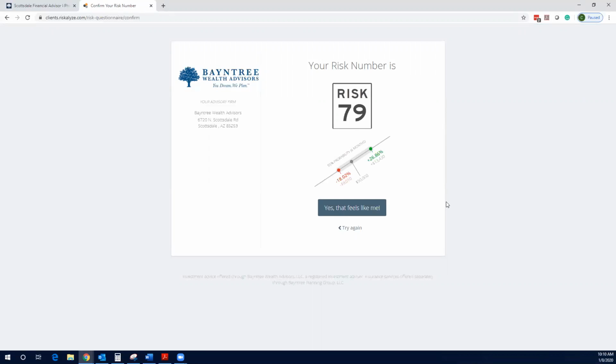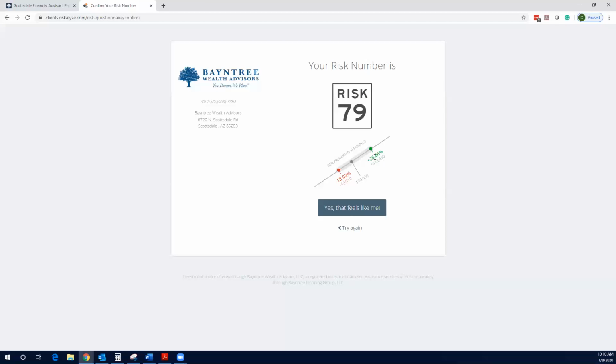So we can say, okay, John Doe, right now your risk number is a 79, and really your comfort zone with your 50,000, if it dropped down to 41,000, you'd still feel comfortable with that. And most of us are going to feel comfortable with a 26+% return. That's usually not an issue when you make money, right? Everyone wants to make money, but you got to understand the risk that you're taking to get it.